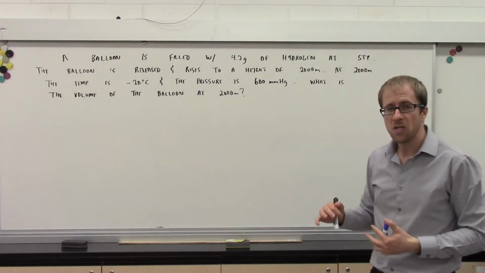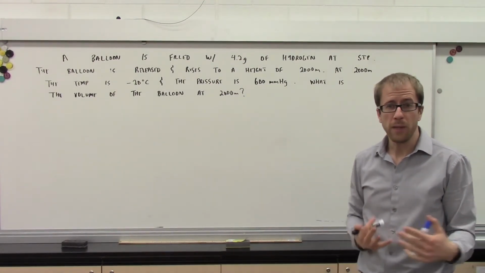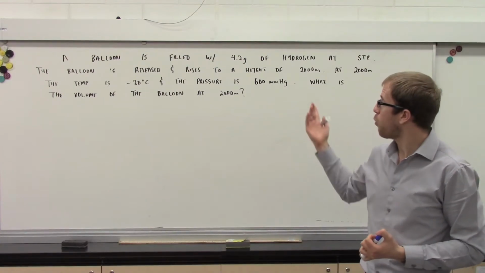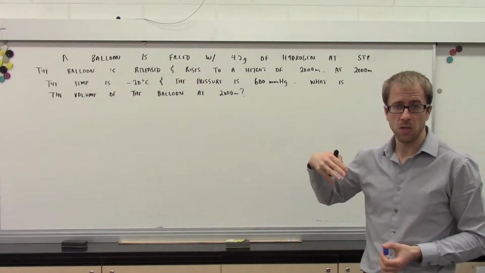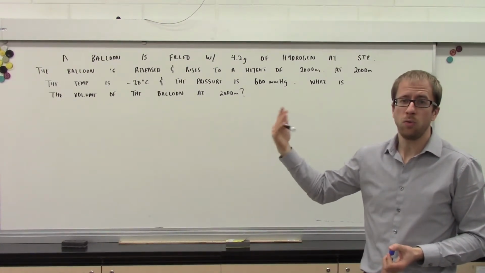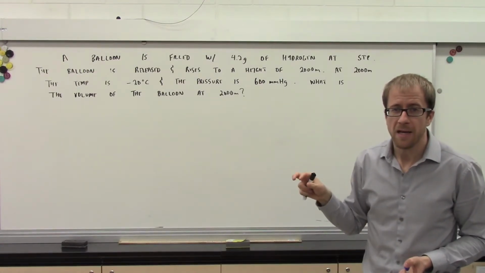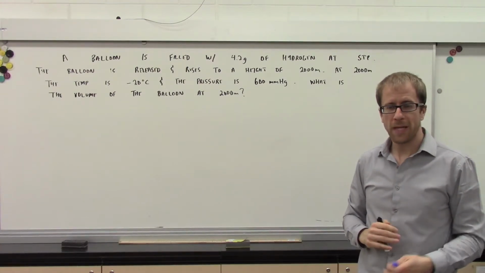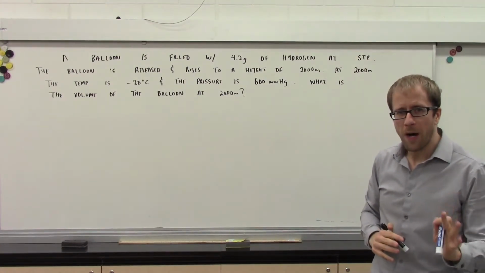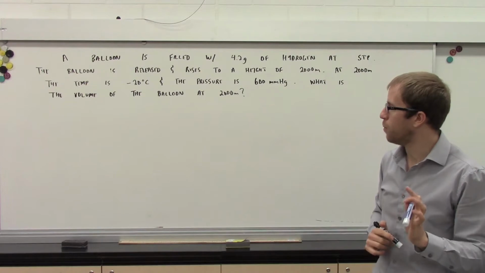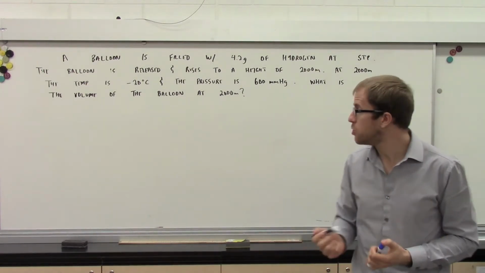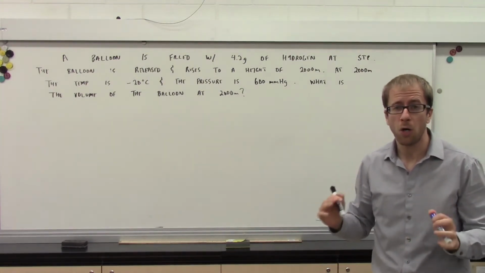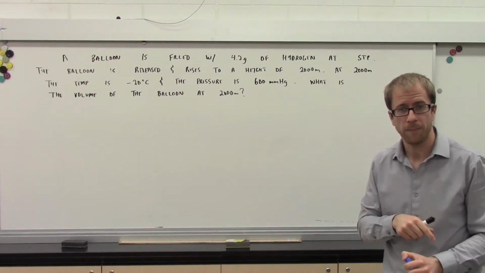Now, a lot of students will be tempted to simply convert 4.2 grams to moles and then moles to liters at STP and then say that's the volume of our balloon. But that's not the case, because what is happening to our balloon? Well, the temperature is changing and the pressure is also changing from STP.